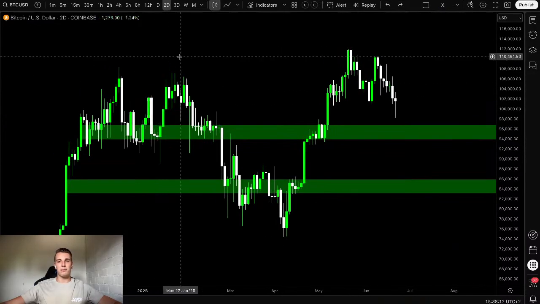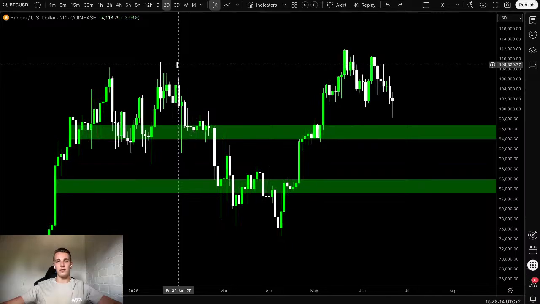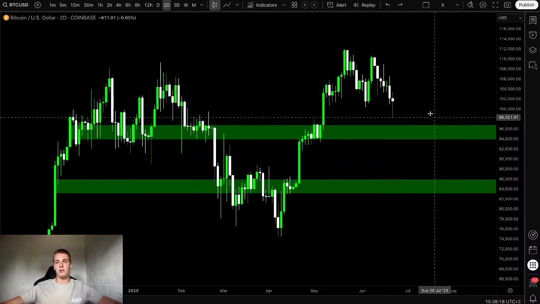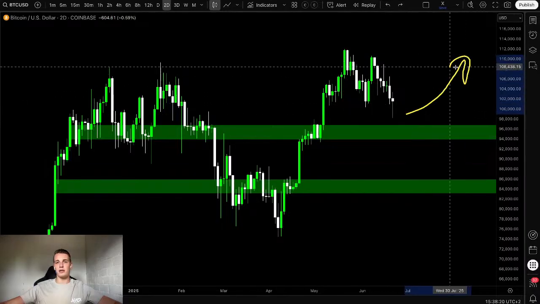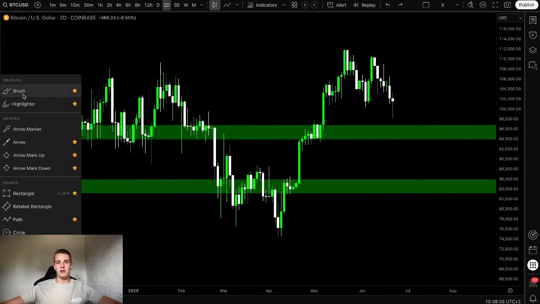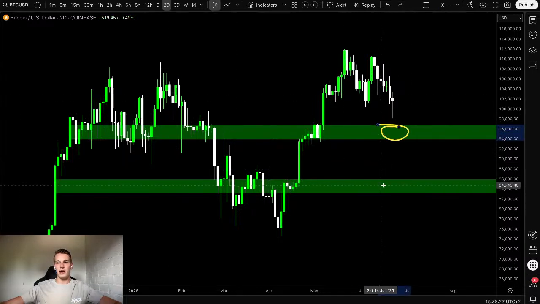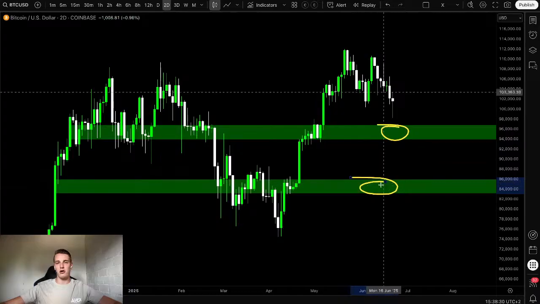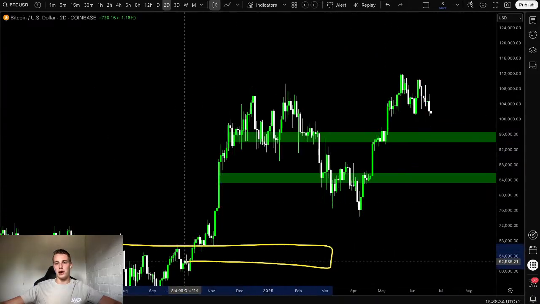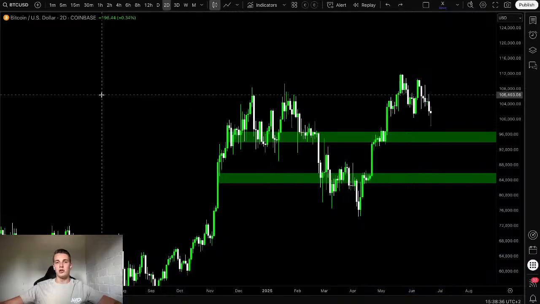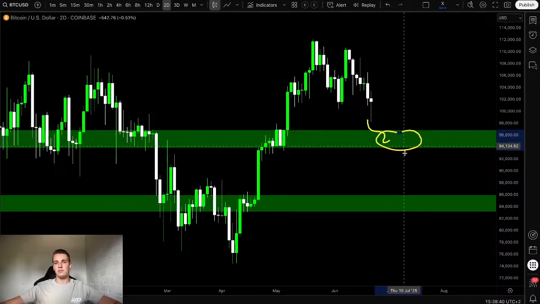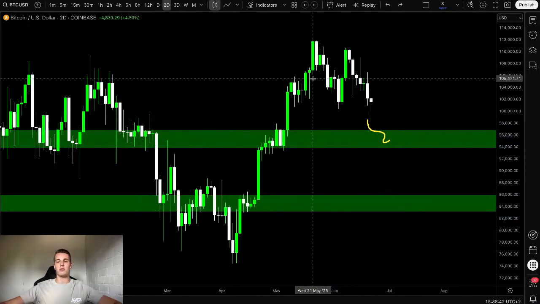For now, it's important to have high conviction setups and very big signals in the market where you know that price will move up from these boxes. If I don't see a signal here, I want to see it here, and if not, here in this zone. I'm really looking for a dump towards these boxes and a nice reaction from it.